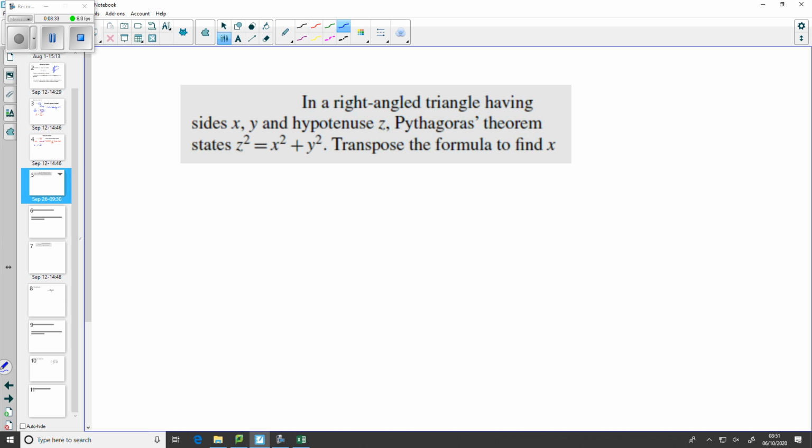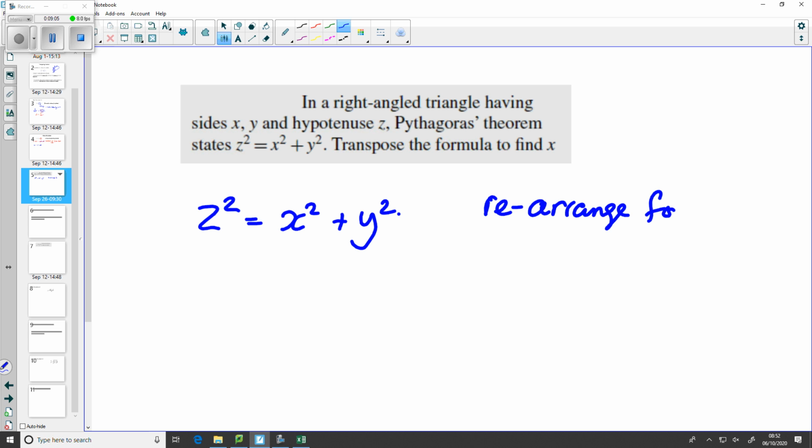Okay, so another common formula is the Pythagoras Theorem formula. The square on the hypotenuse is equal to the sum of the squares on the other two sides. So we've got z squared is equal to x squared plus y squared. And we want to rearrange for x.